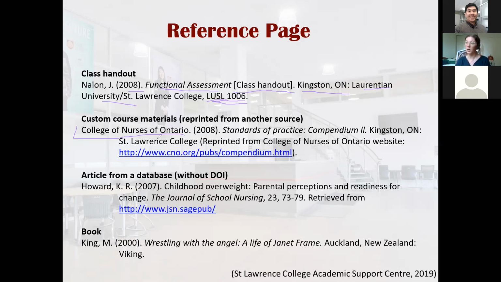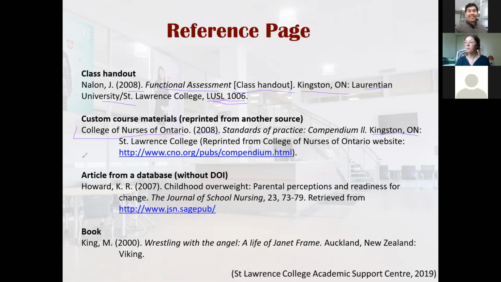So not your instructor, but where the original material came from, the date that it was written, the name of the article, and then this would be Toronto, Ontario, or Scarborough, Ontario, Alpha International Academy, and then you would put the reprinted from where it was taken.